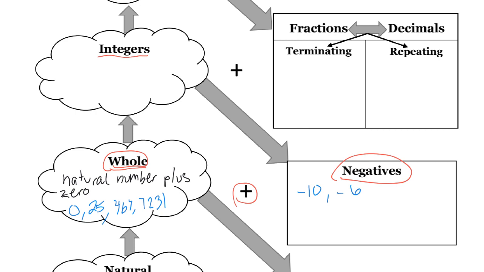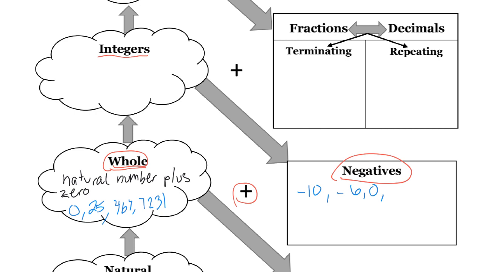Remember with negative numbers, you kind of count backwards, right? Well, not backwards, but the way you order them is backwards, really, because the bigger the negative number, the smaller it actually is. Do you think we should include 0? Yes, right? We should include 0 because 0 is a whole number.